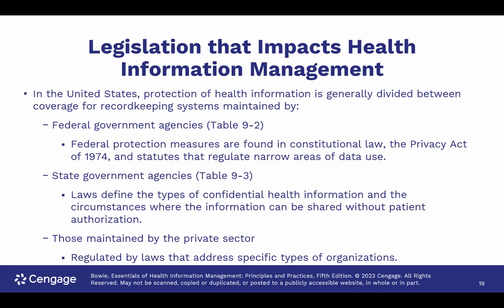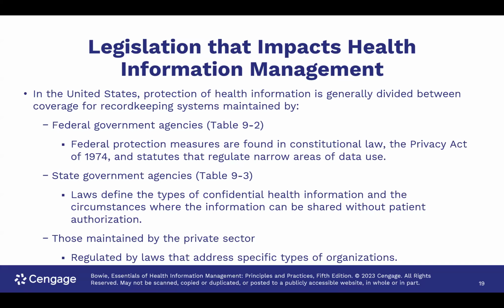In the United States, protecting health information is generally divided between coverage for record-keeping systems maintained by the federal government agencies, right? These federal protection measures are found in constitutional law, privacy acts, and other statutes, and also state government agencies, as illustrated in Table 9.3.